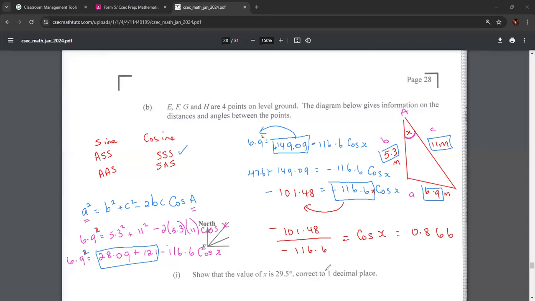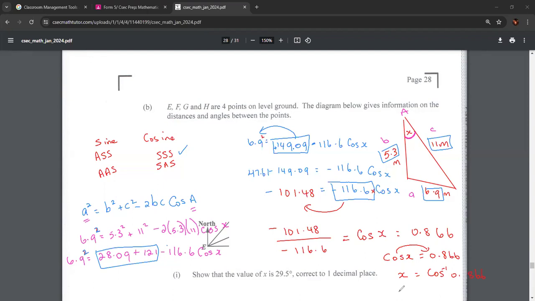You see how they said to round off to one decimal place? Like here, I could round off to more than one, so that in the final answer, you will round off to the one decimal place. So we know that cos of x is equal to 0.866. When I carry across the cos, the opposite of cos will be cos inverse of 0.866.